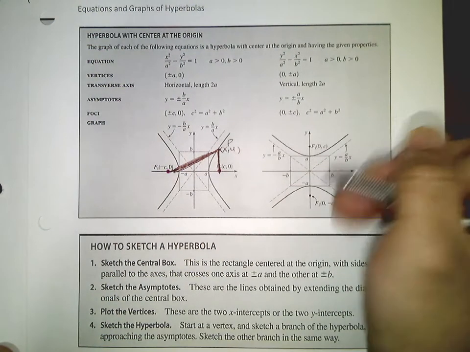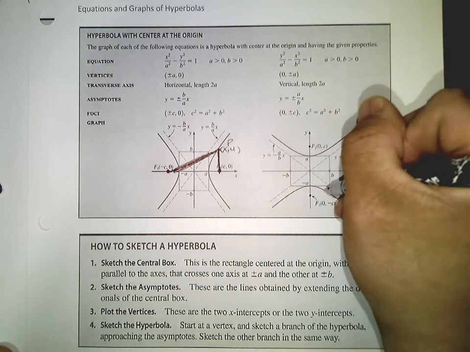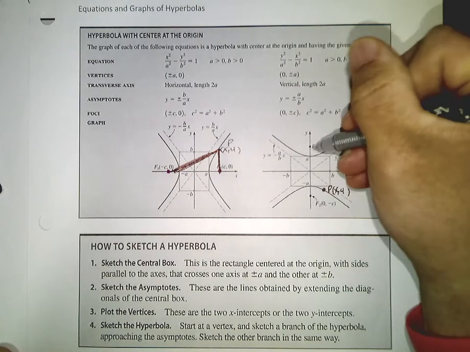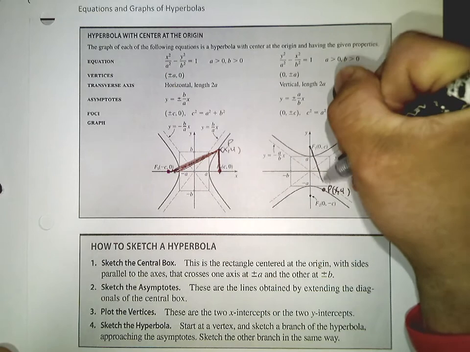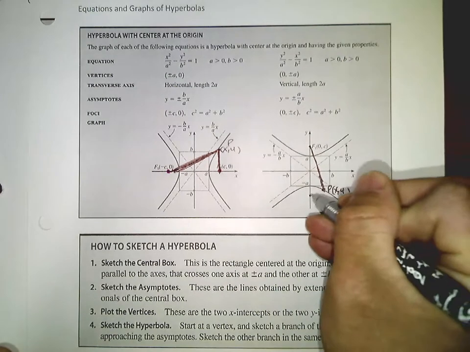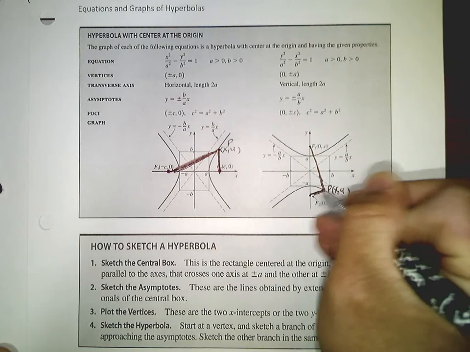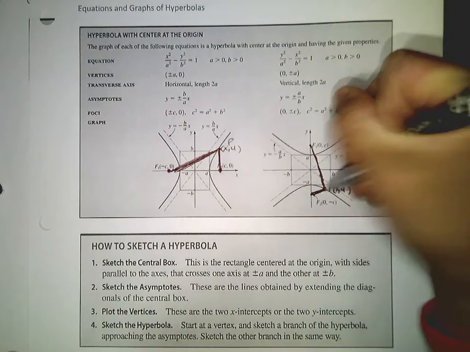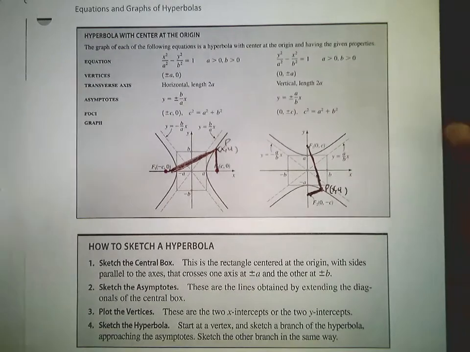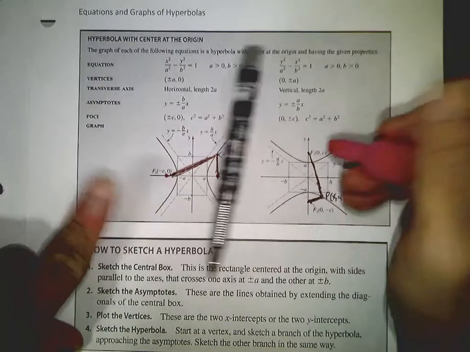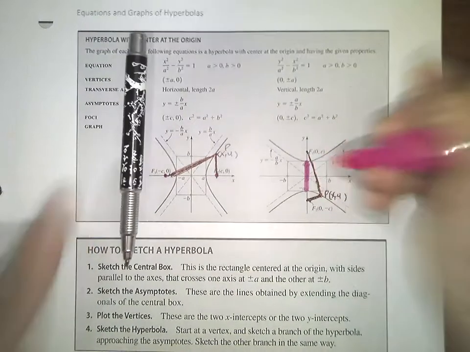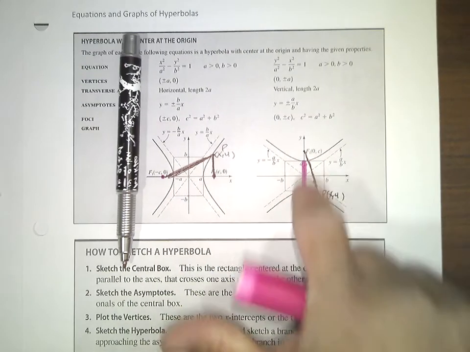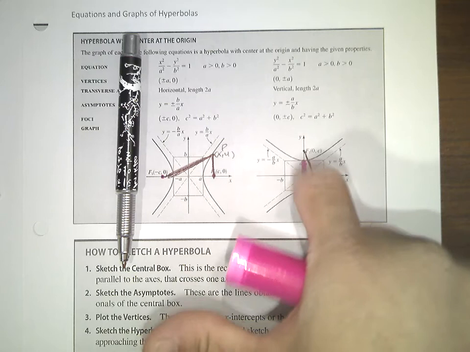If you have a point P (x, y), and you have a distance from F1 to P, and from F2 to P, the one distance minus the other will still always be equal to 2a, the length of the major axis between the two vertices.